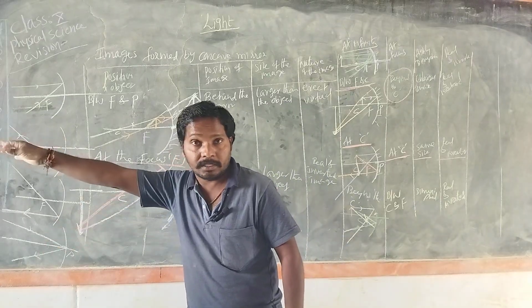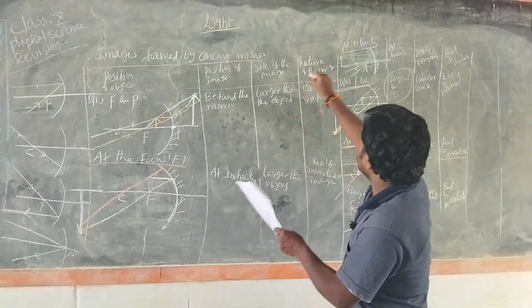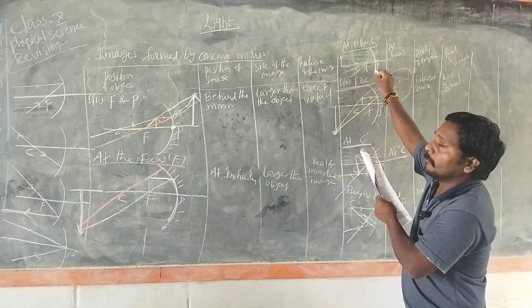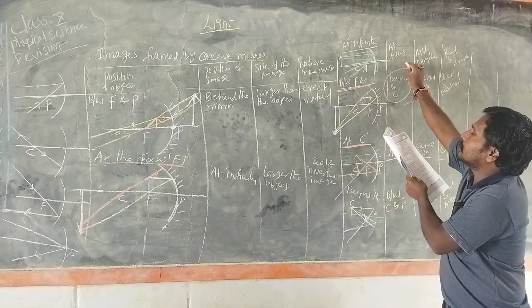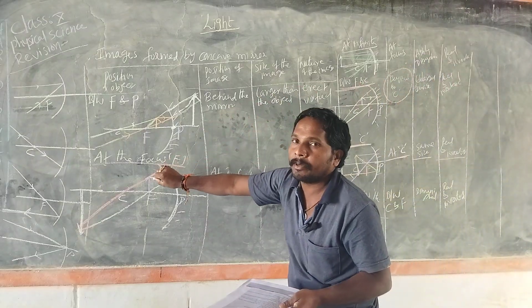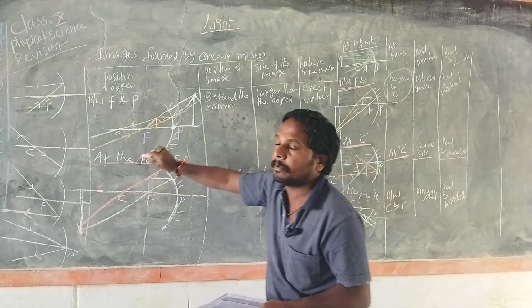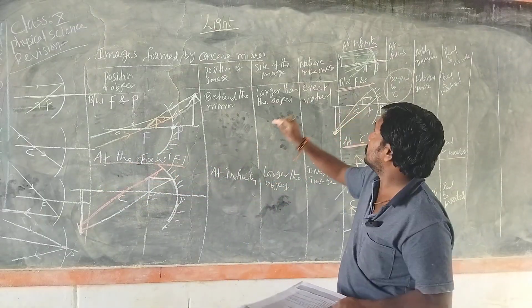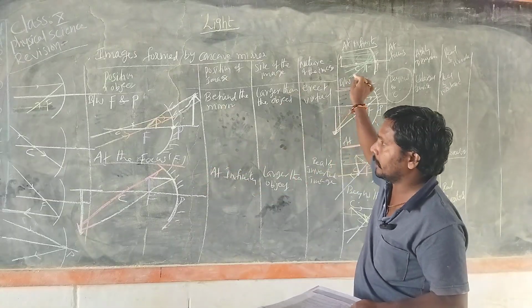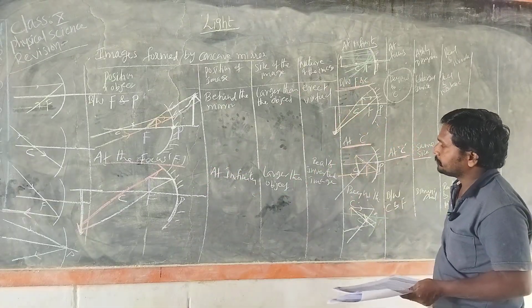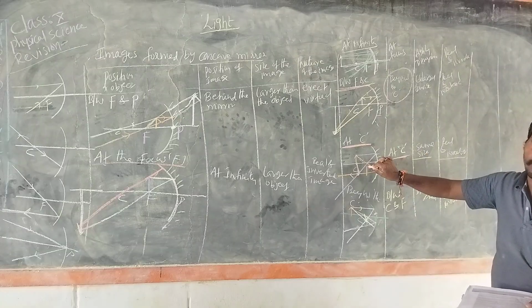At infinity. Exactly opposite: when the object is placed at infinity, the image is formed at the focus. If the object is placed in front of the concave mirror at the focus, the image is formed at infinity. This is called correlation.